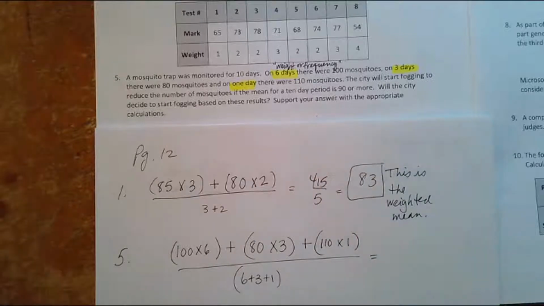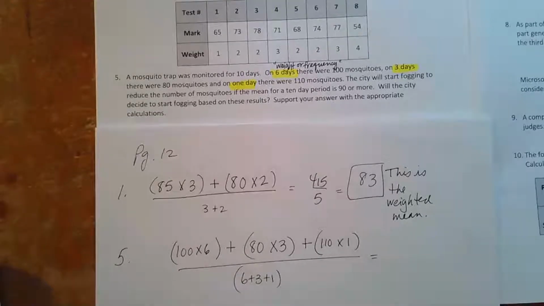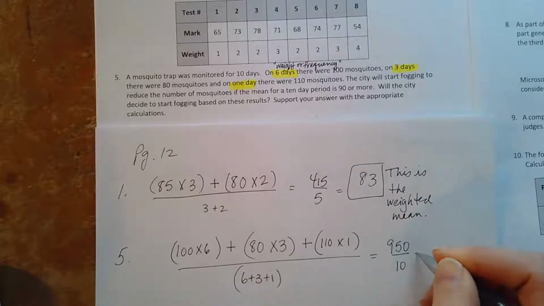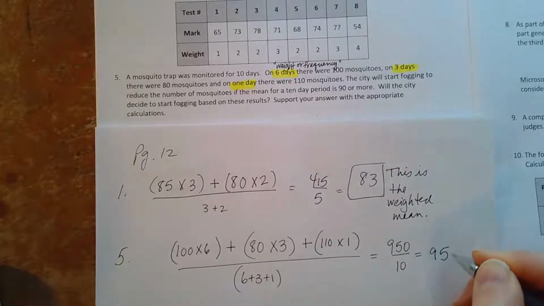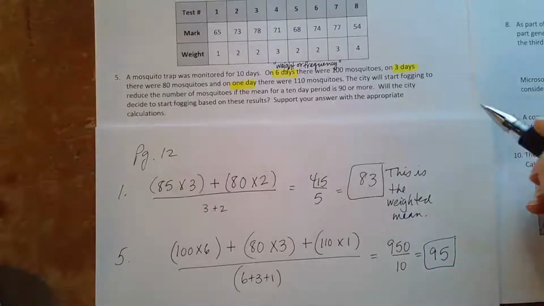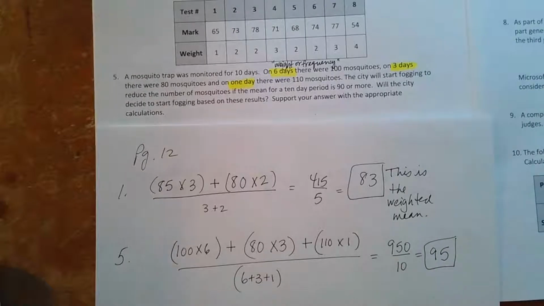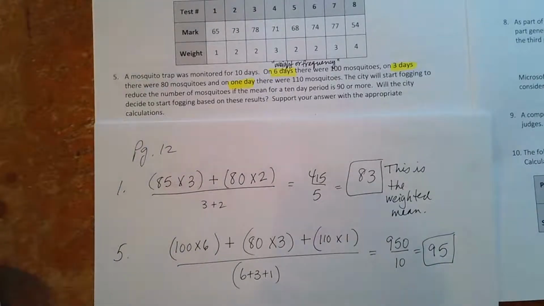So I get 950 as a total over 10 days, and that leaves me with 95. The weighted mean is 95.